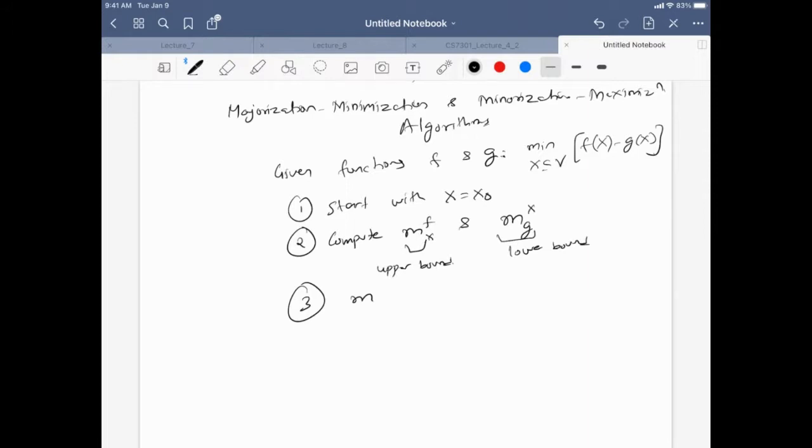So now you basically solve three variations. The first variation is where you minimize f of x minus mg of x. Maybe I'll use xt over here, because this is at iteration t.